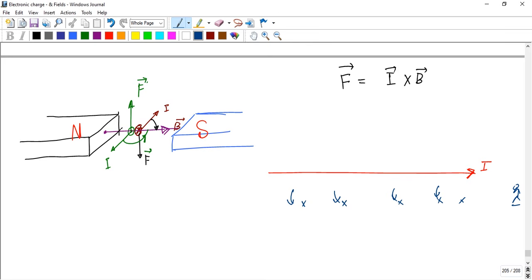So the current is coming out towards that person. Let's ignore that, and that cross represents the magnetic field.